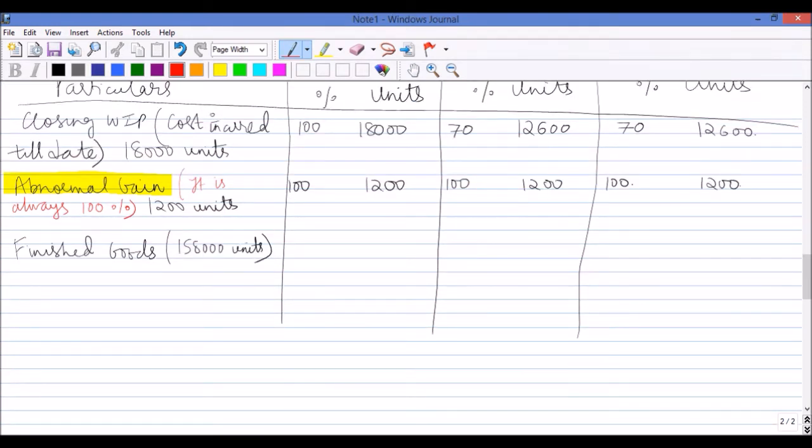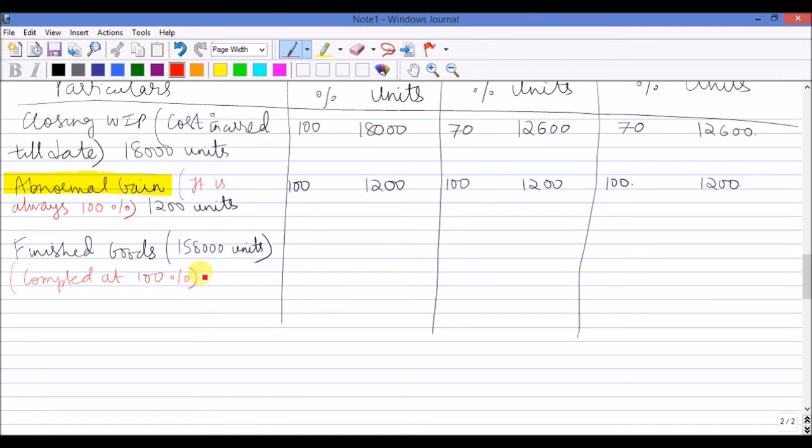Now we are heading to finished goods, and finished goods is a very crucial part which we are going to do. You have to take finished goods, friends, completed at 100%. This is the difference. If you observe the previous lecture, I had taken the opening work in progress, which was converted into finished goods, and then I had taken the current input.